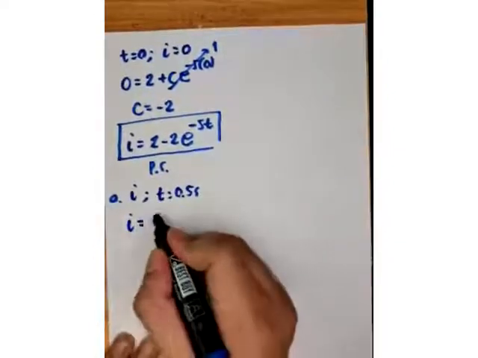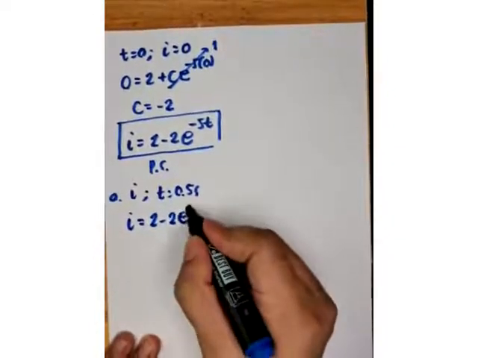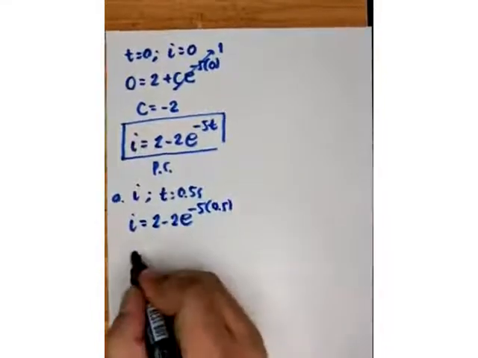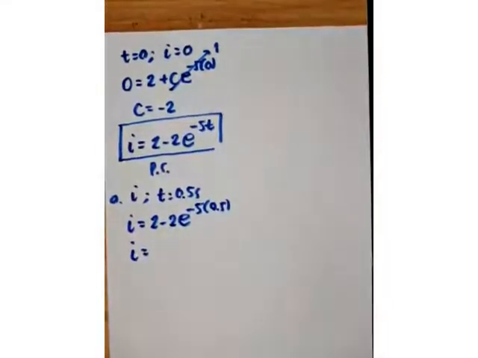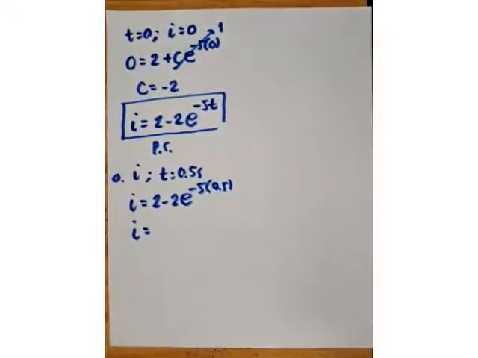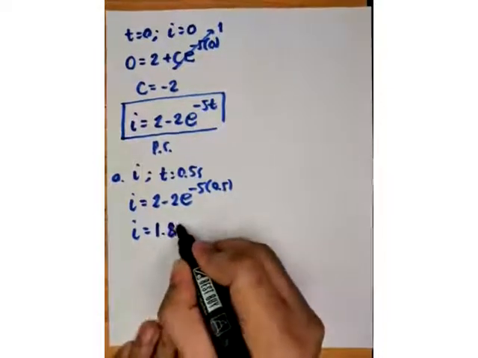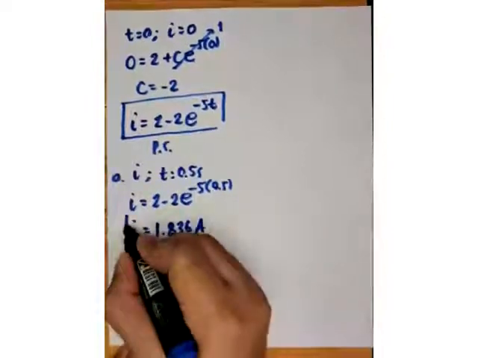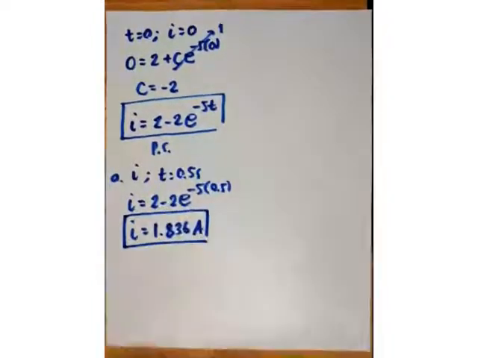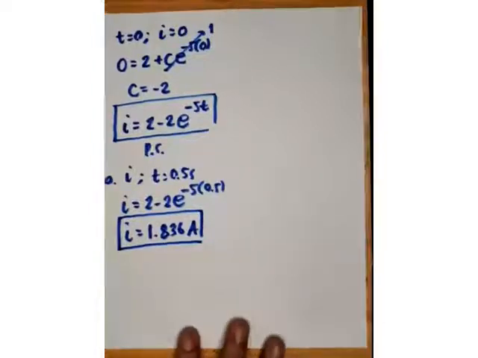So I is equal to 2 minus 2 e raised to negative 5 times 0.5. So I is equal to 1.836 amperes.